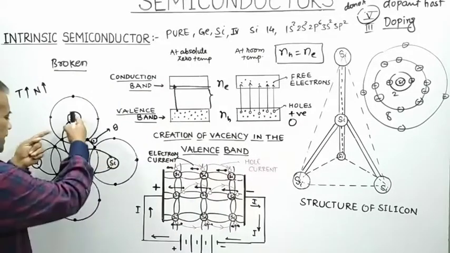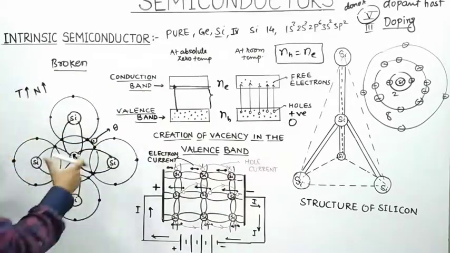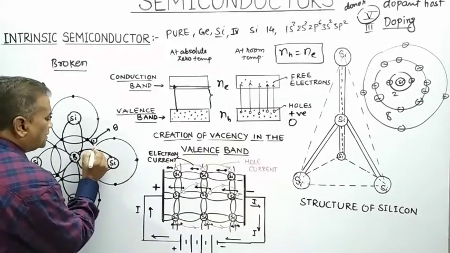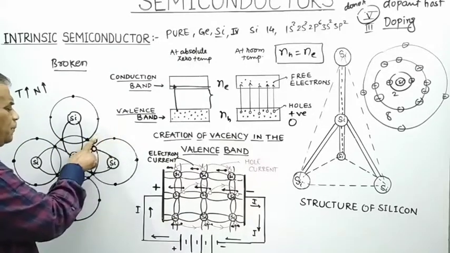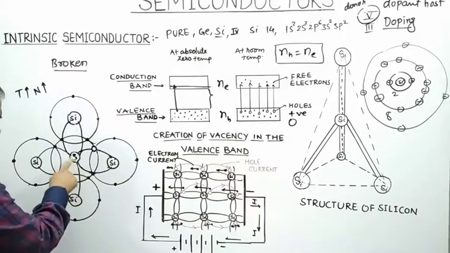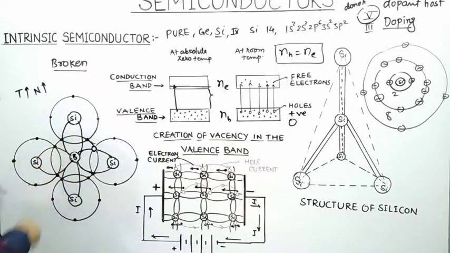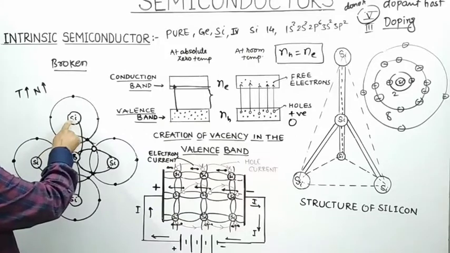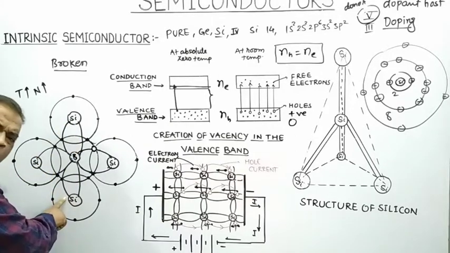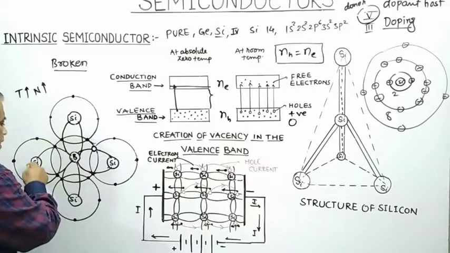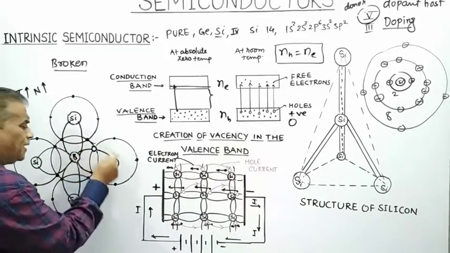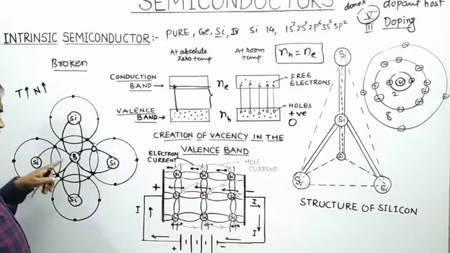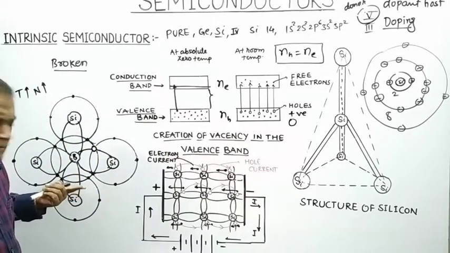It will share 1 electron each from its neighboring silicon atoms, but in the formation of the fourth covalent bond there is an absence of electron, because boron has only 3 electrons. It will share 1 electron from each of three silicon atoms, forming 3 strong covalent bonds.